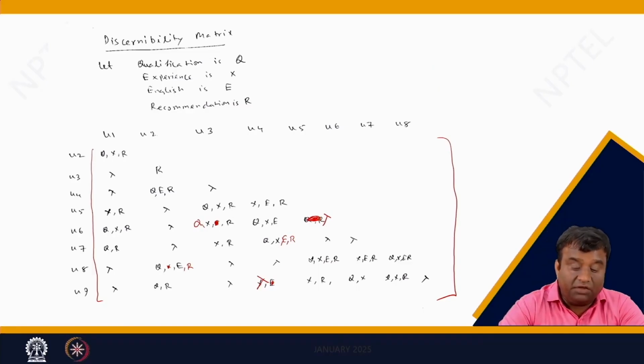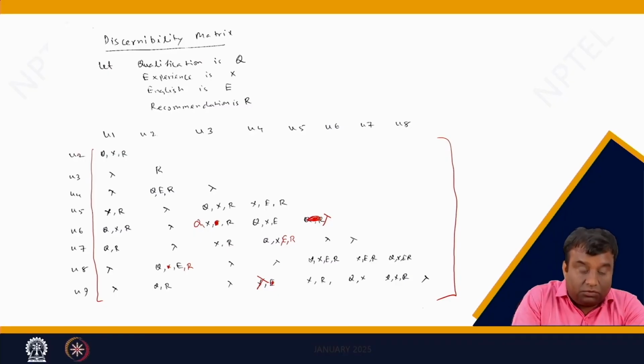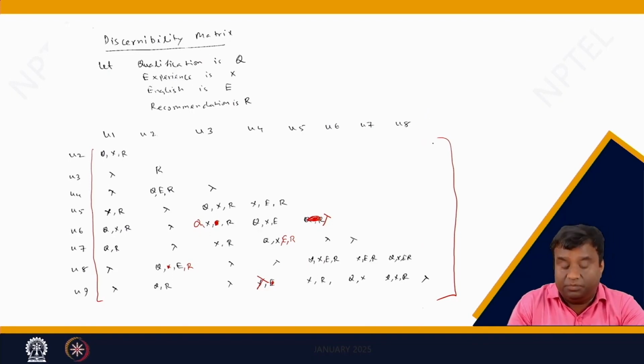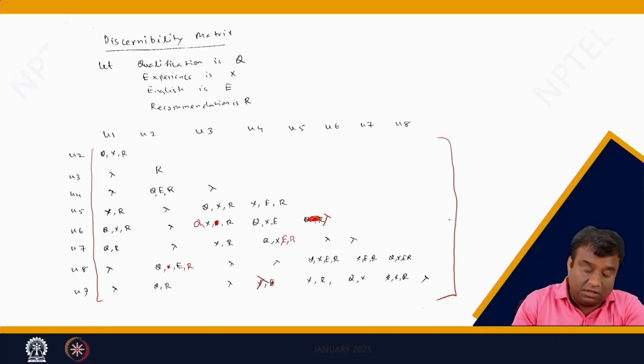We assume qualification as Q, experience as X, English as E, and recommendation as R. You know there are 9 objects, so we delete the row for U1 and the column for U9. So it becomes an 8 by 8 cross matrix.